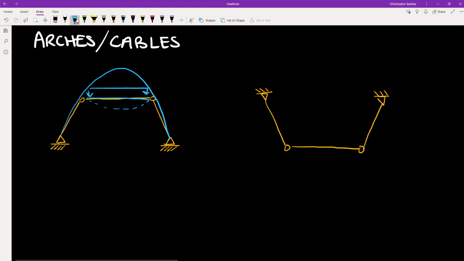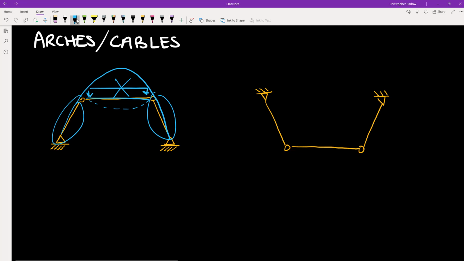But we're not concerned about this middle piece for this exercise. We're really only going to concentrate on the two end pieces. We're also going to neglect self-weight for this discussion, as the self-weight of the structure is insignificant and small compared to our externally applied load.